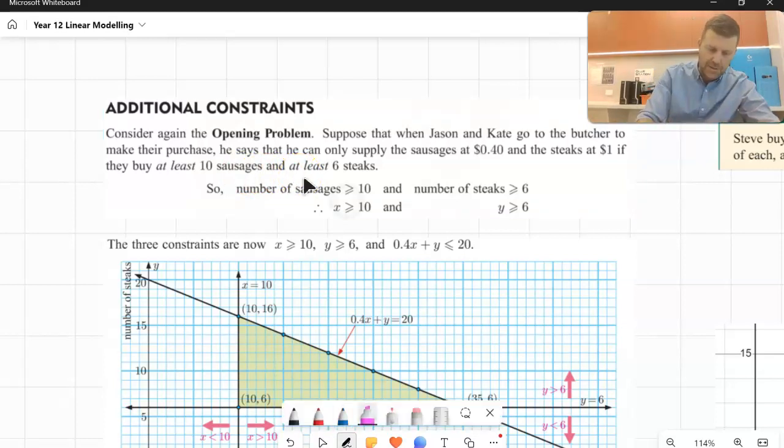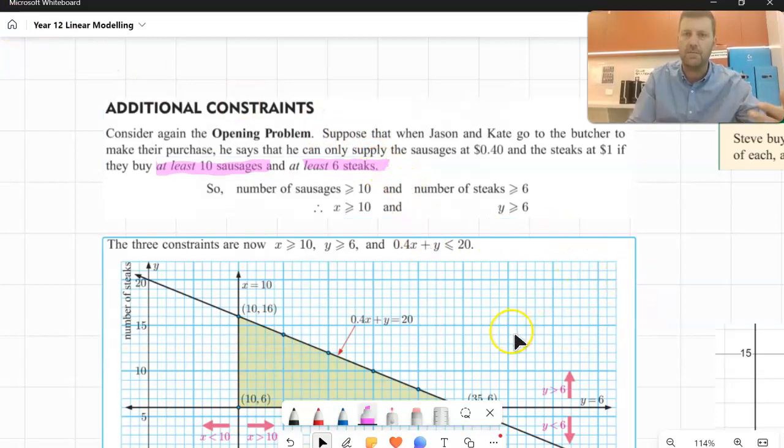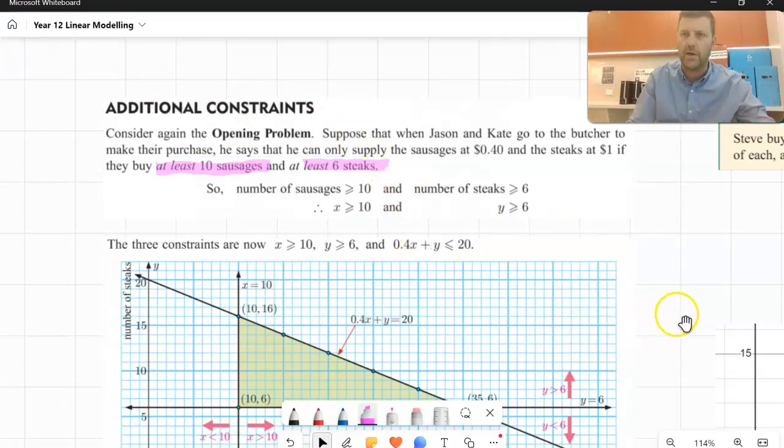So that information now is going to help us create two new constraints, keeping in mind that we already had the constraint of the maximum they could spend, $20, and those two products, the price of the sausage and the price of the steaks, were competing for that resource of $20.